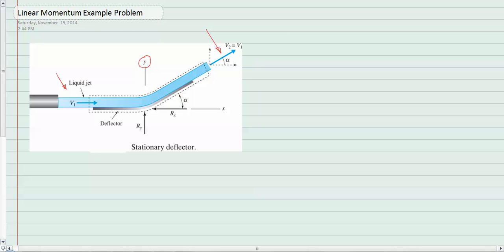Notice the x and y coordinates and the angle alpha that the liquid is turned. So now let's think through with numbers a practical problem.